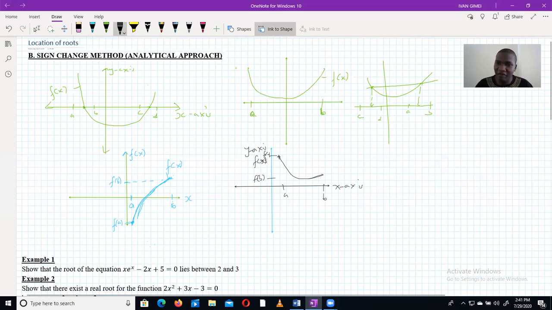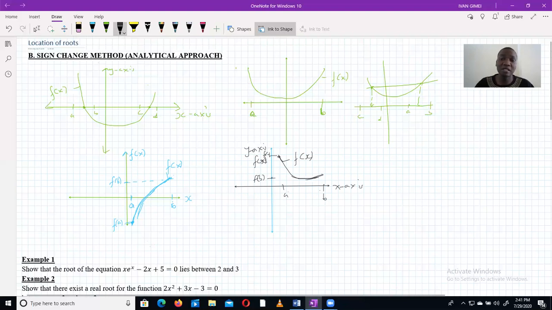And therefore, even using the graphical approach, if the graph is like this, we conclude that the function f of x has no real root in the interval ab, because it's not crossing the x-axis in that interval. But you also notice that the signs of f of a and f of b are the same. They are both positive.